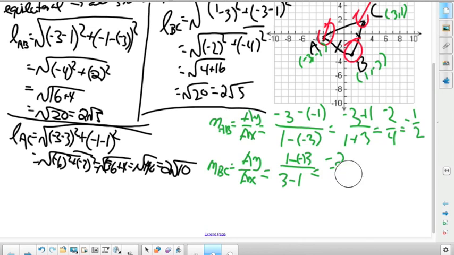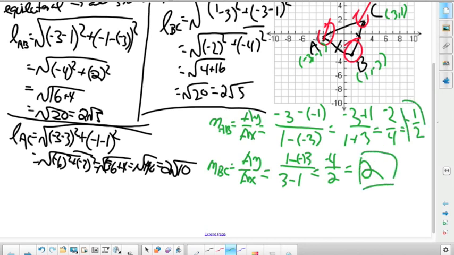So that should give me 4 over 2, which gives me 2. So there are my two slopes. Are they negative reciprocals to one another? Right? So since slope of AB is perpendicular to slope BC, it is a right angle triangle.